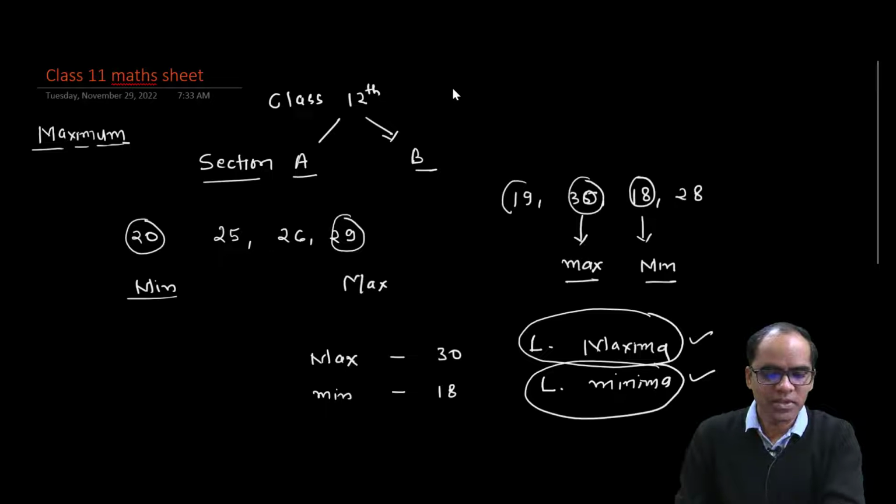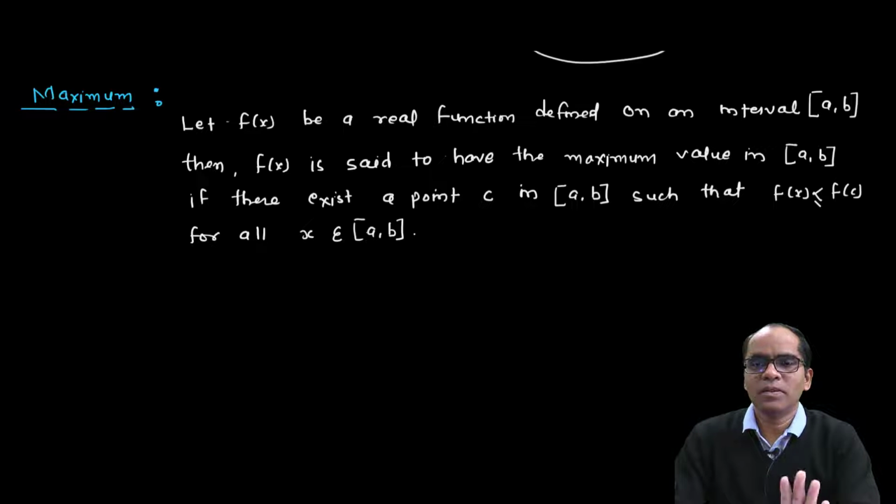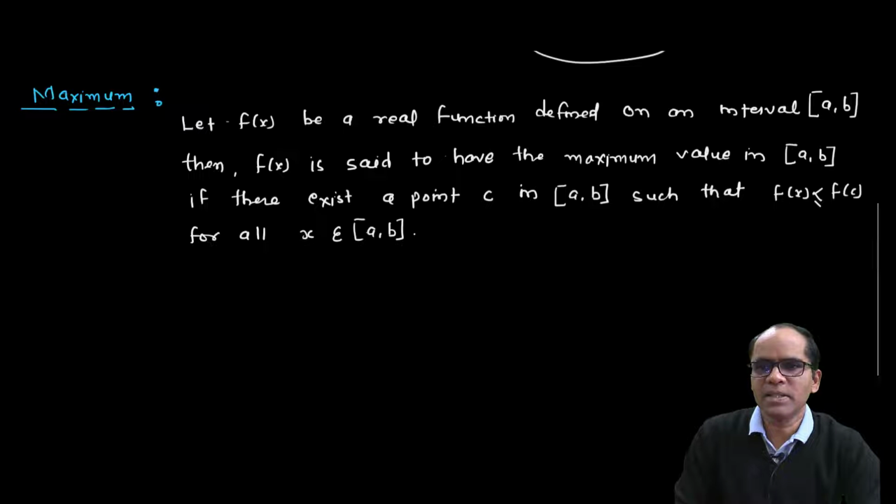Good. So here we will define it. Technically, a maximum of a function is defined as follows: suppose there is a function f(x), a real function defined on the interval a to b.